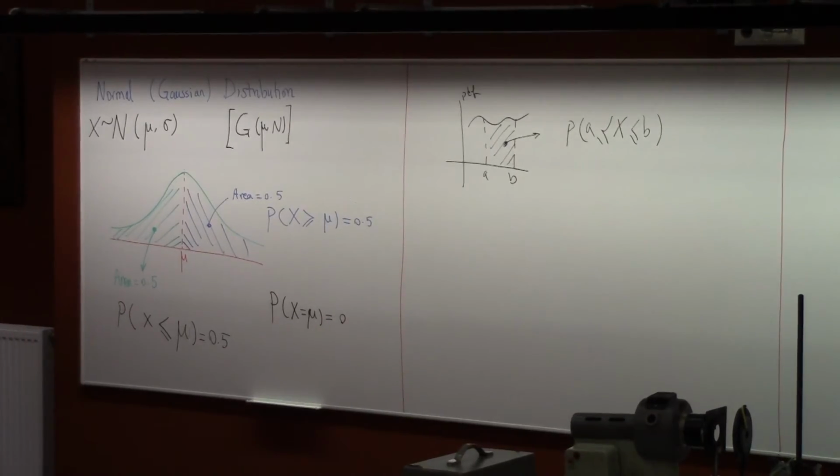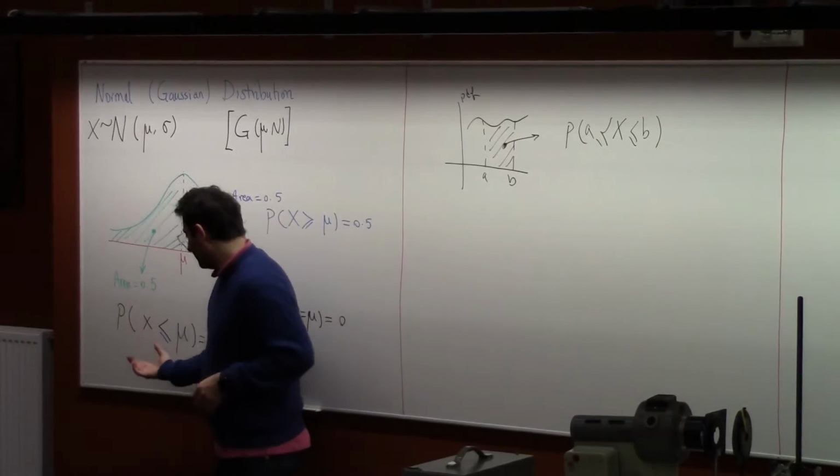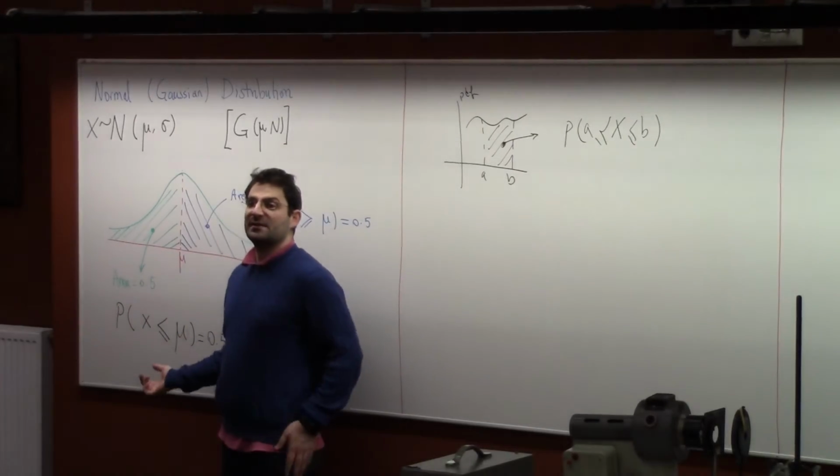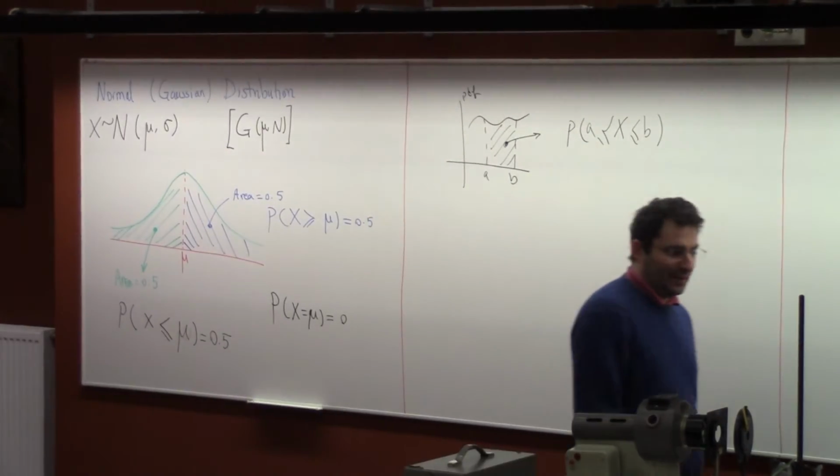Let's see what happens if we want to calculate the probability of x less than or equal to some specific value, or greater than some specific value.